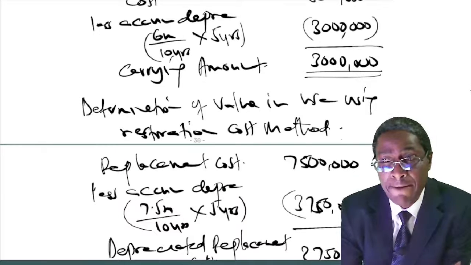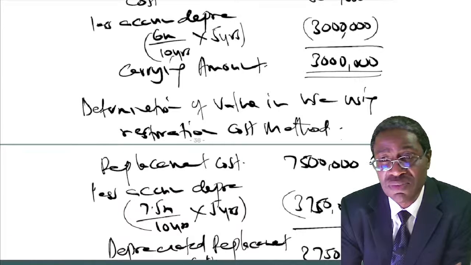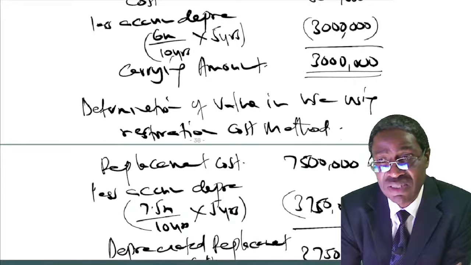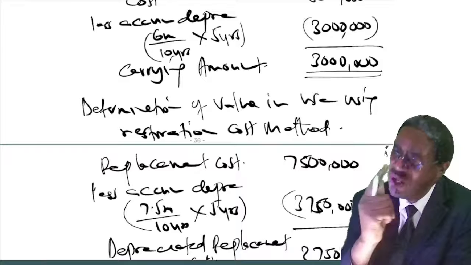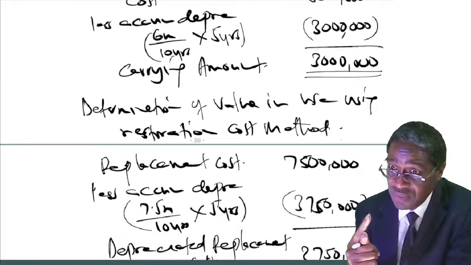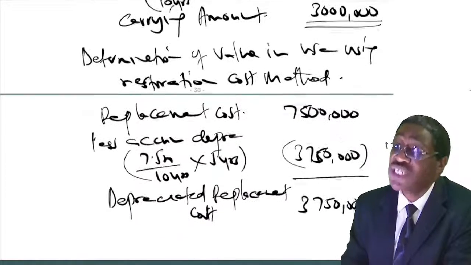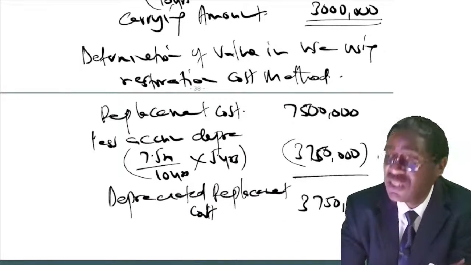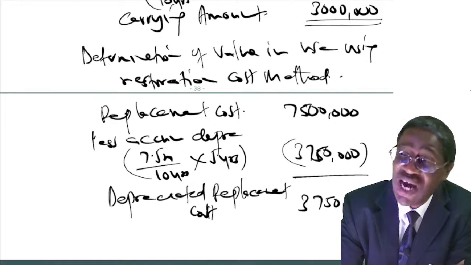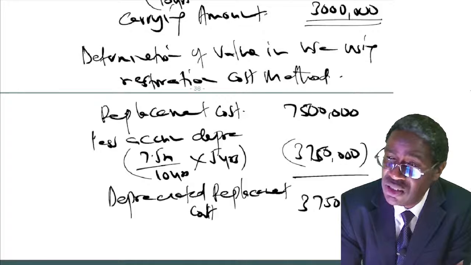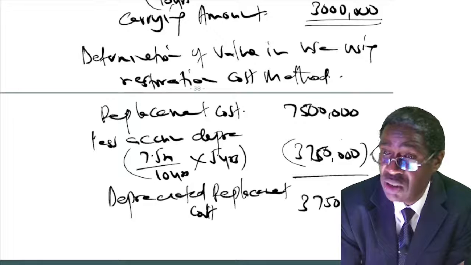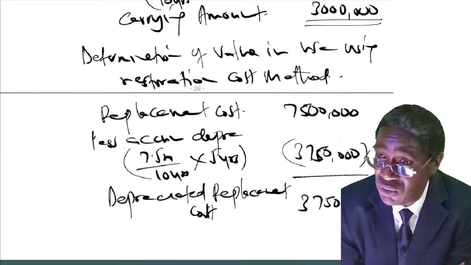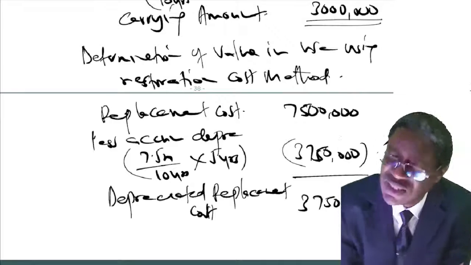The answer is yes or no. I have said, if we were using the depreciated replacement cost, having computed it as 3.75 million, having concluded that the asset did not have a net realizable value, leaving us to pick the depreciated replacement cost as the value in use, which becomes the recoverable service amount, then I want to know, has it suffered?